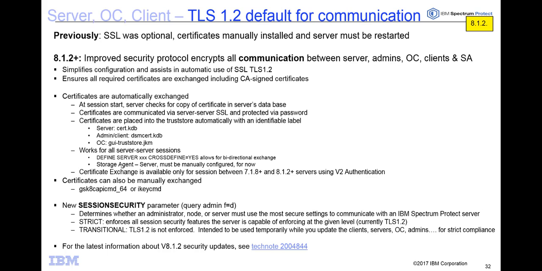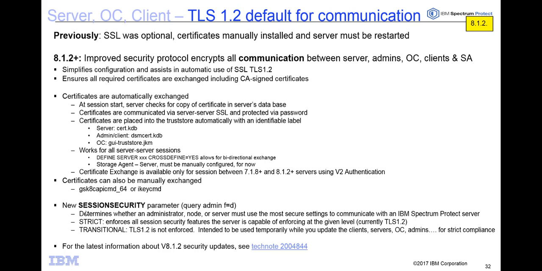The certificate exchange is just for version 7.1.8 and above, as well as 8.1.2 and above, and you must be utilizing the new V2 authentication. And part of that V2 authentication also checks on this new session security parameter, and I'll be showing you this in the demo.